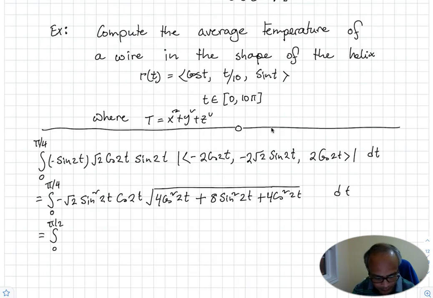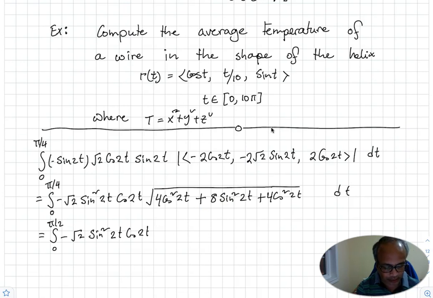So just put whatever as is here. Okay, so we can see here 4 cos squared 2t, 4 cos squared 2t, which will be 8 sin squared 2t, sorry, 8 cos squared 2t, and this one is 8 sin squared 2t.